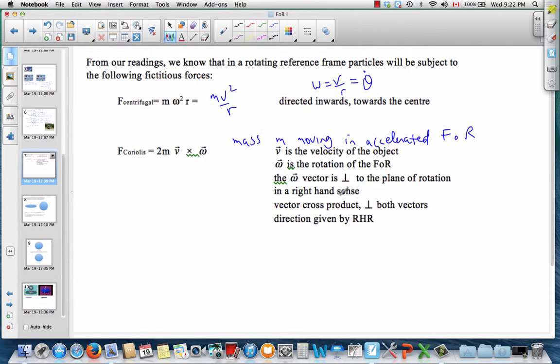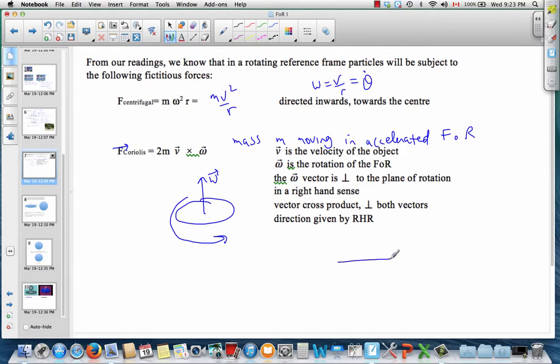Now, the omega vector, as a vector, is perpendicular to the plane of rotation in the right-hand sense. So if you had a disk that was spinning like this, then you would curl the fingers of your right hand in the direction of that rotation, and the omega vector would be pointing up like this. Now, remember with cross products that the answer ends up being perpendicular to both of them, given by a right-hand rule.